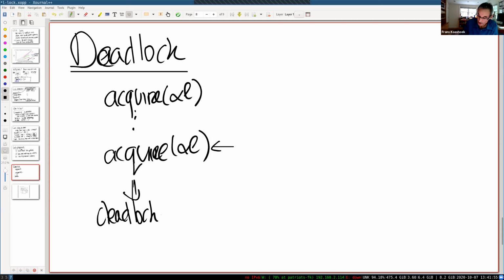The more interesting cases are when multiple locks are involved. So let's go to our previous example. Let's say we have core 1, or maybe CPU 1, and CPU 2.